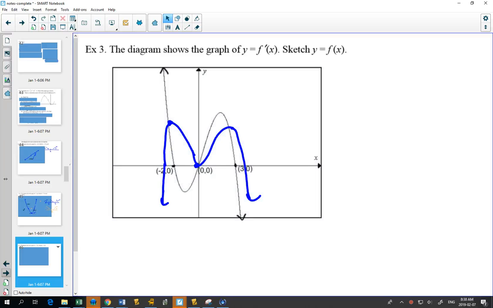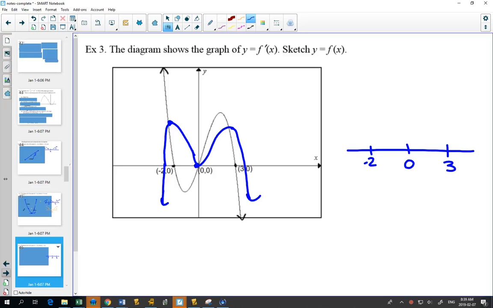Now we have the graph of the derivative, and we need to find the graph of the original. So if we have the graph of the derivative, and we know that the derivative is equal to 0 at -2, 0, and 3, we've got -2, 0, and 3 as places where we have zeros on our derivative.